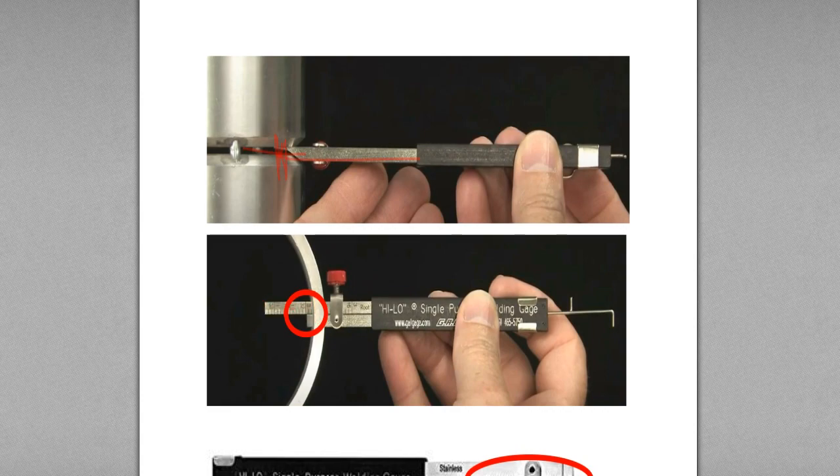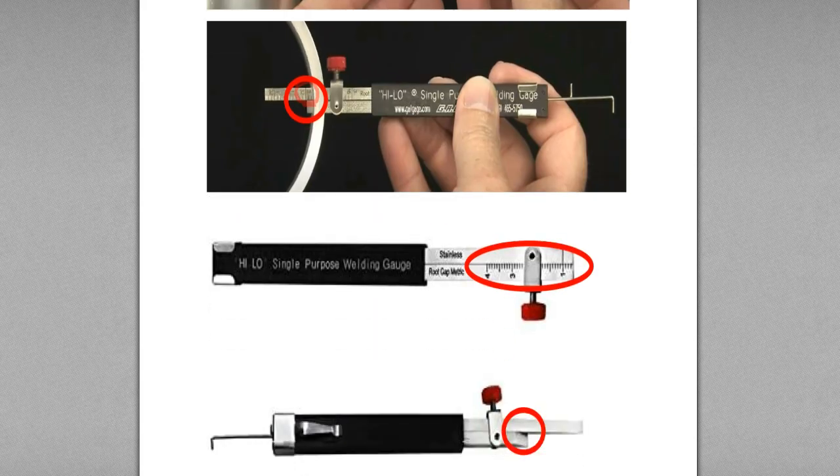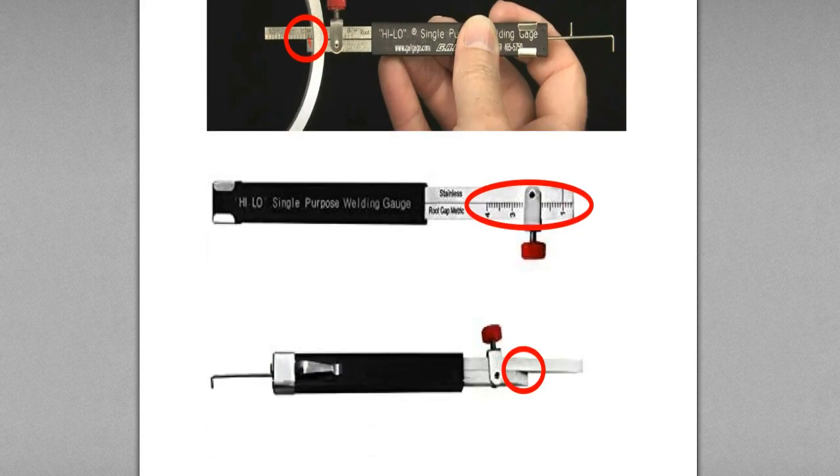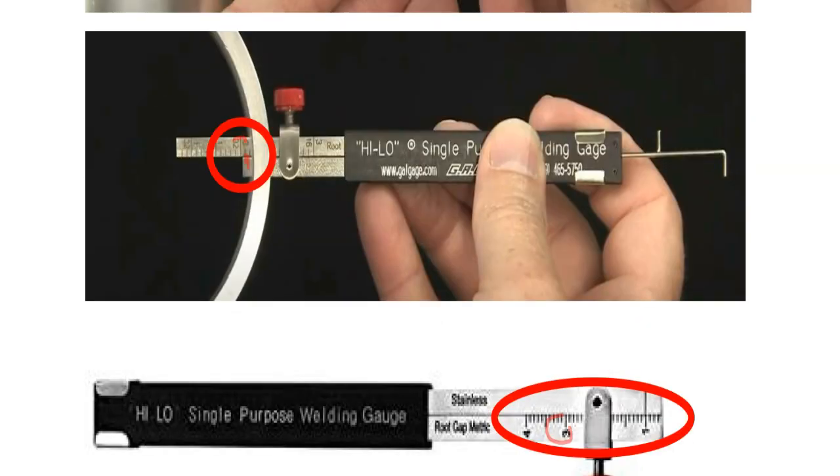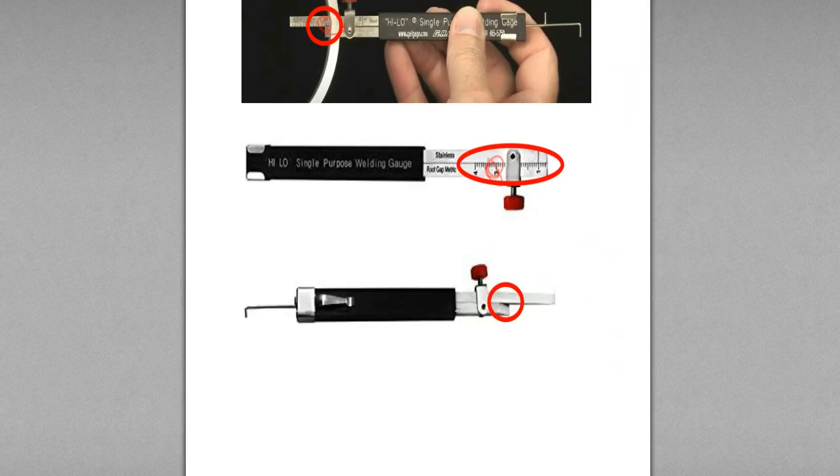And this time you read this dimension, 3/32. I'm not familiar with the inch scale, so just the millimeter scale. If we assume this is 3, then the root gap is 3. This is how you measure the root gap and how you use the high-low gauge for the root gap.